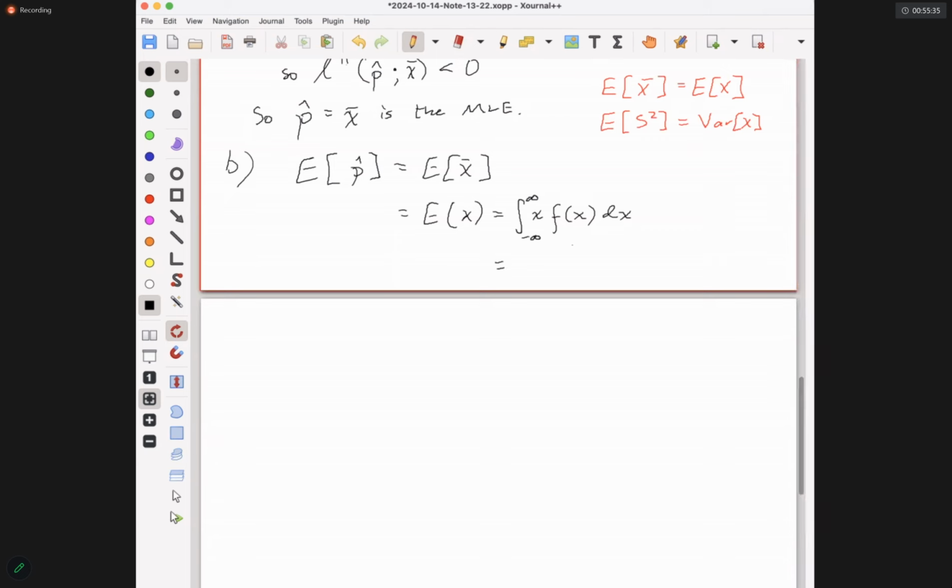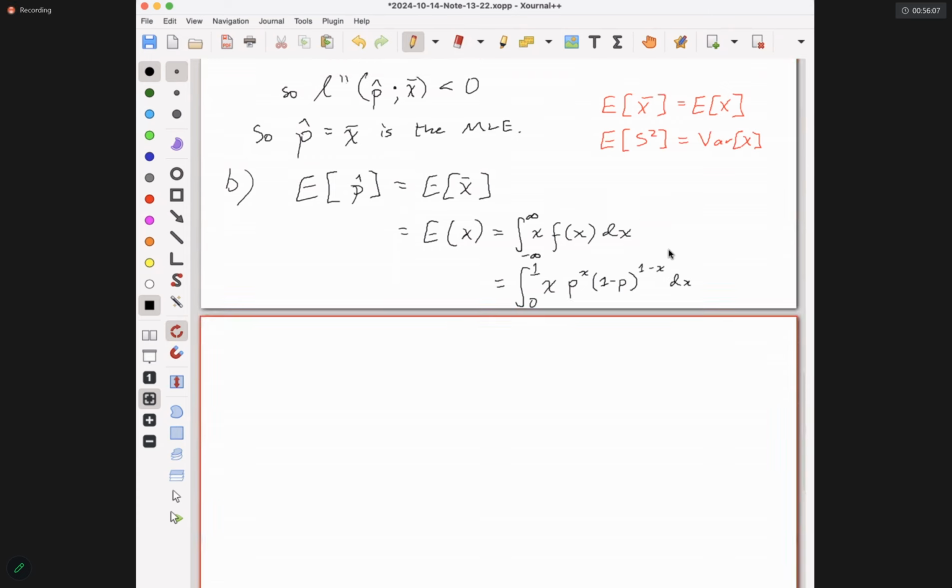But for us here, our density function is equal to 0 outside of that interval 0 to 1. So we can write this as the integral from 0 to 1 of x times our density for x, which is p to the x times 1 minus p to the 1 minus x dx. Oh, I'm sorry.